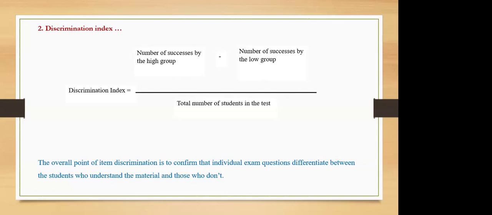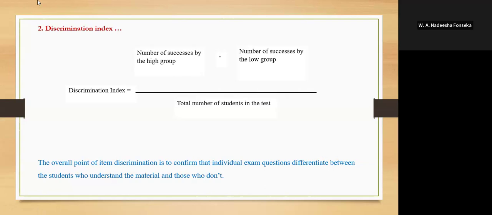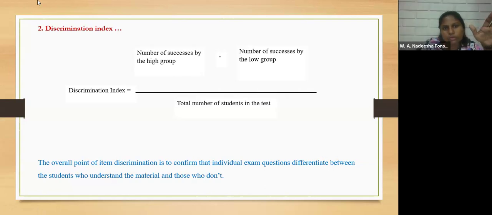So the high group is 15, the number of students who got high marks.